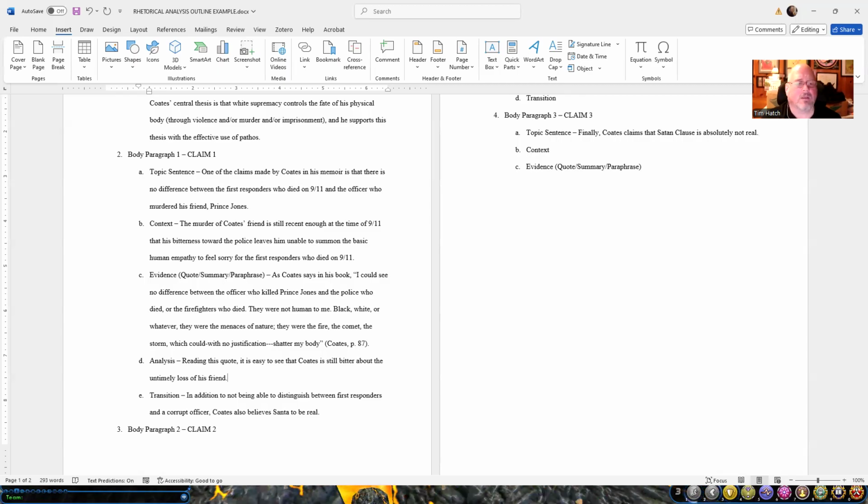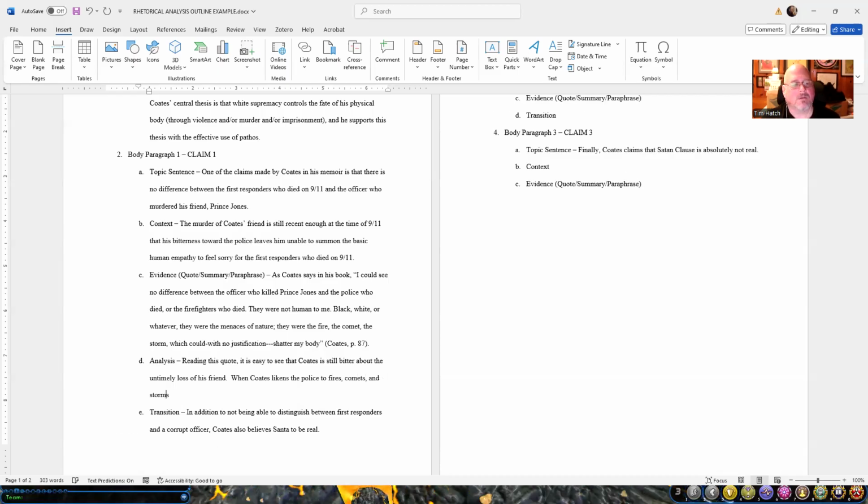There's one sentence. When Coates likens the police to fires, comets, and storms, he is responding emotionally to the murderers of his friend.